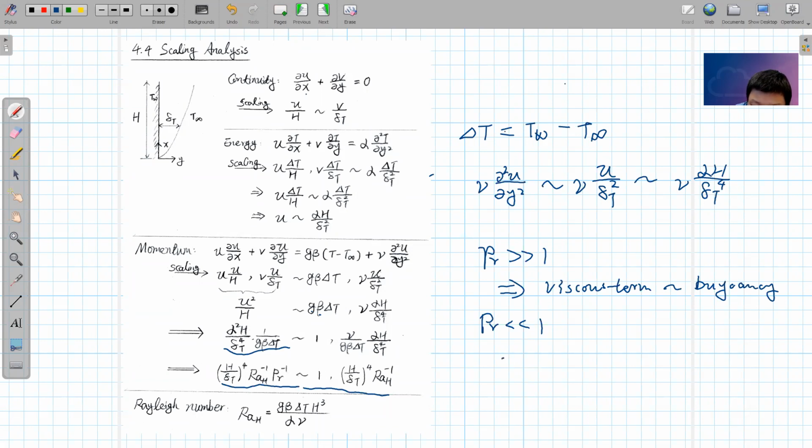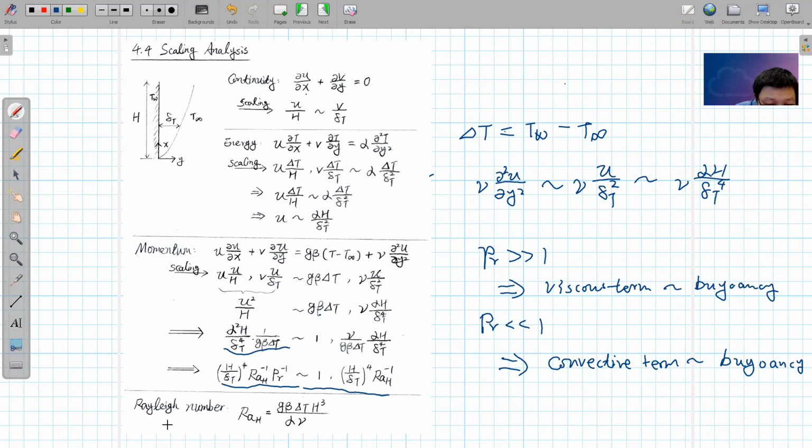So when the Prandtl number is much smaller than 1, the convective term has the same order as buoyancy. This is what we get after doing the scaling analysis for this momentum equation.